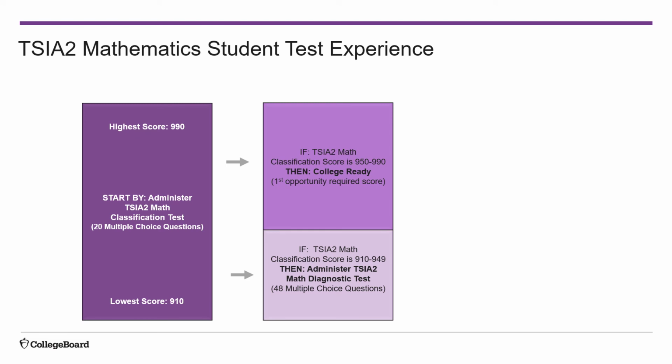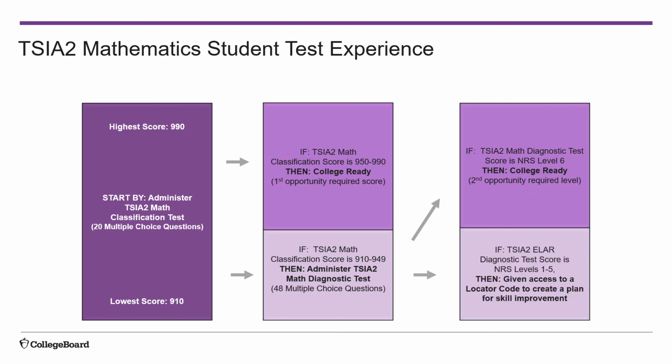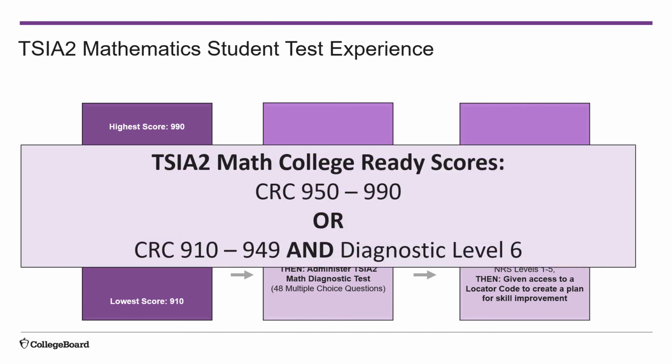Students scoring at or below a 949 on the classification test will be branched to the diagnostic test. If they receive a level 6 on the diagnostic test, they will be considered college ready at their second opportunity. Students scoring at or below a 5 on the diagnostic test will be given a locator code to access the learning resources where they can create a plan for skill improvement.